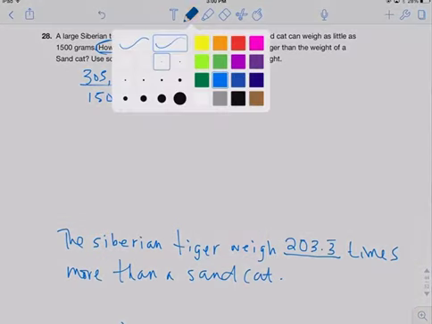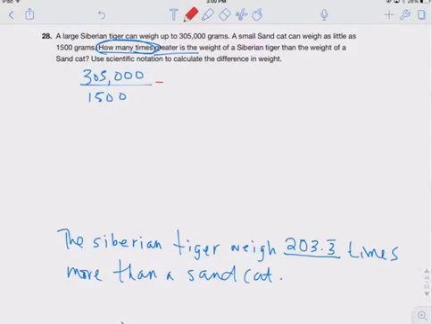The numerator, how would you write it as scientific notation? 3.05 times 10 to the 5th power, right? The bottom is 1.5 times 10 to the 3rd power.